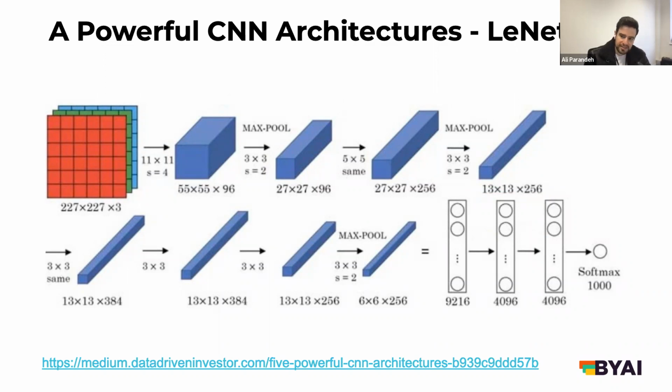The architecture of your CNN, as well as the operations you perform, are hyperparameters that you can play with. There are popular CNN architectures that you can follow to construct your own.